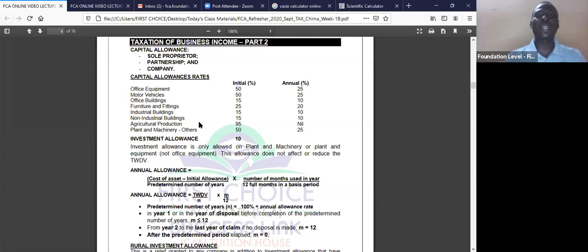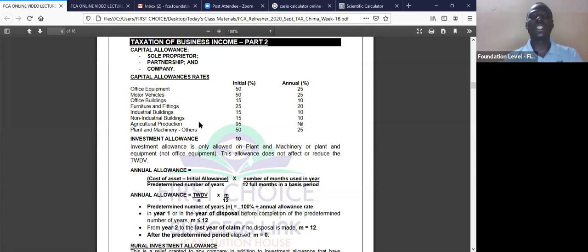You're going to be seeing more of it when we do some questions. Now look at the capital allowance rates. Initial allowance is there, annual allowance are there. So initial allowance is the allowance that you deduct first from an asset. When you deduct an initial allowance first, that is because the asset is being put to use for the first time by the company.